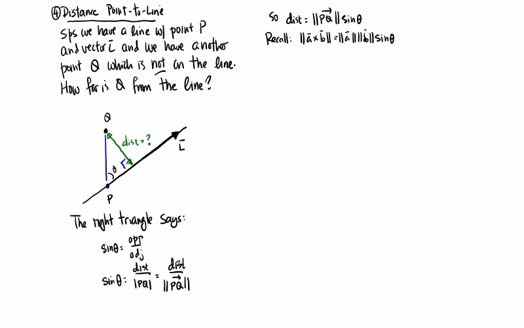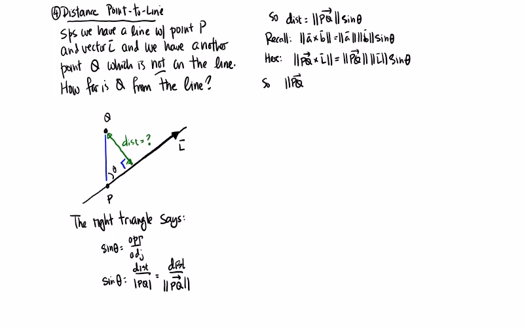So, in our case, we don't have an A and a B. We have a P, Q, and an L. Right? Here, this is what we have. Now, all I'm doing is I'm writing PQ in place of A and L in place of B. And then what I'm going to do is solve for the length of PQ times sine theta. That's the distance, right?